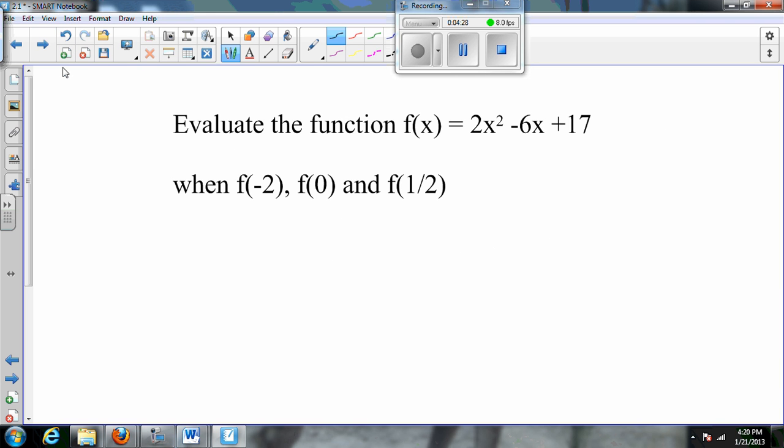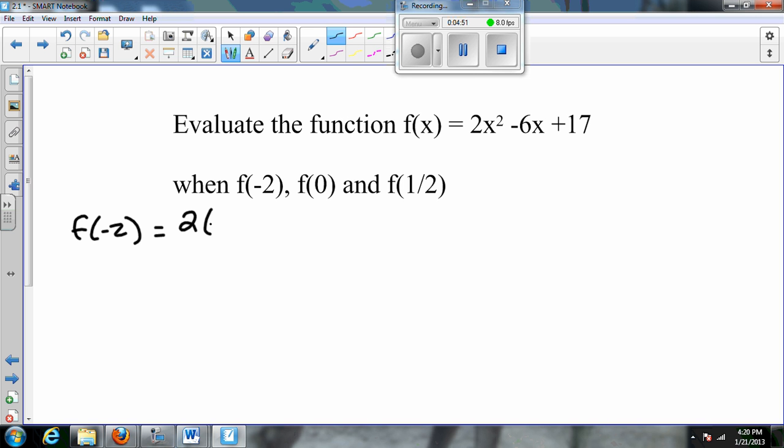We're now going to evaluate the function f of x equals 2x squared minus 6x plus 17 when x is negative 2, 0, and 1/2. So let's start at f of negative 2. Wherever we see an x, we're going to plug in a negative 2.